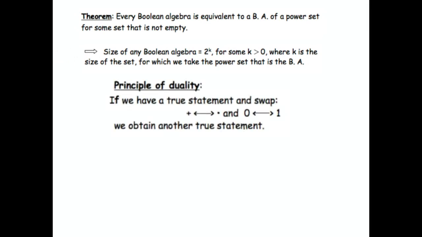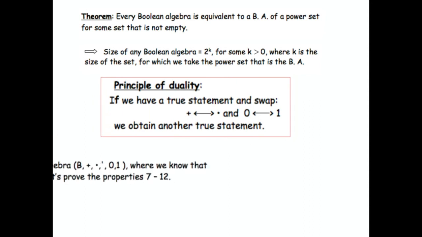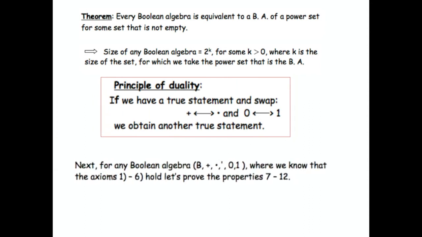So here we have the principle of duality, which is very important: if we have a true statement, and we replace the or by the and or backwards, and at the same time swap zeros for ones or the other way around, we will obtain another true statement. So that's the principle of duality.